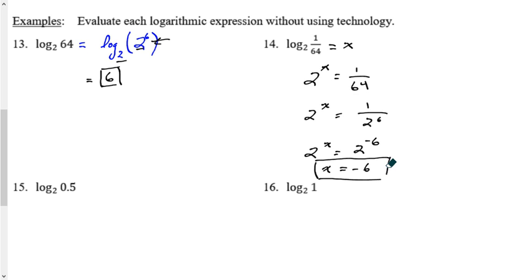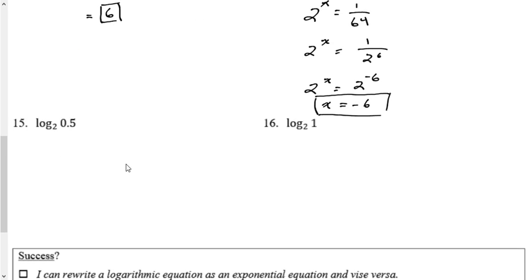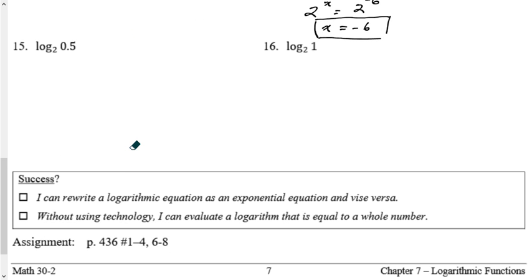Let me go back to the first way for number 15. The first method would say, if I was to rewrite 0.5 as a power base 2, what would the exponent be? Well, let's see, what can we do? This is log base 2 of, well, 0.5 as a fraction is 1/2.